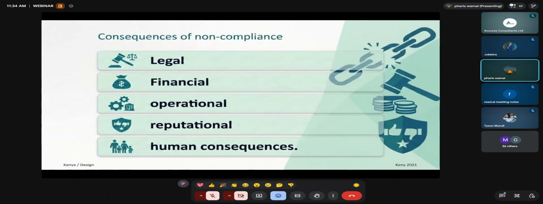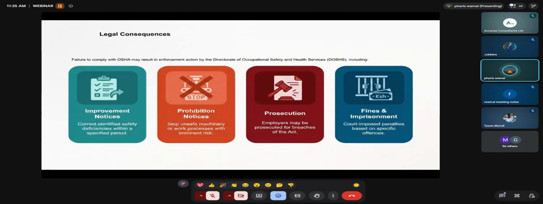All right. So let us look at the consequences of non-compliance. What is going to happen if you're not compliant with the OSH Act 2007? So we have legal consequences. The most common one is the improvement notice. Once a DOSH personnel visits your workplace and there is failure to comply with OSHA, the following is going to happen.